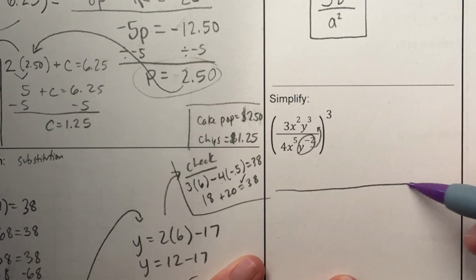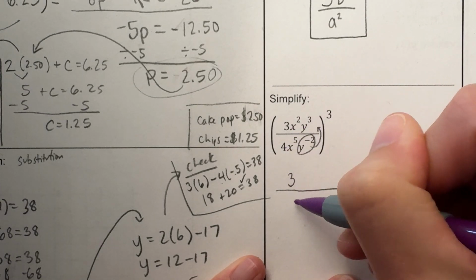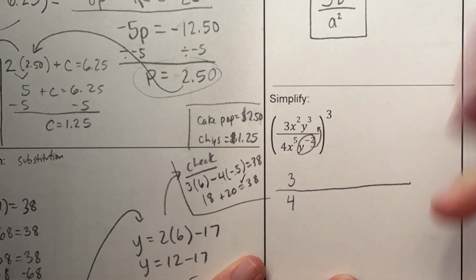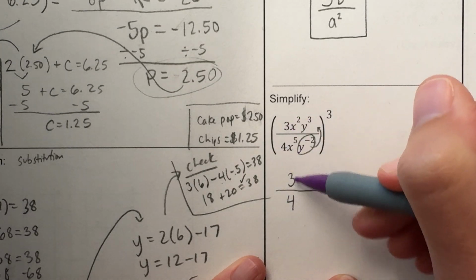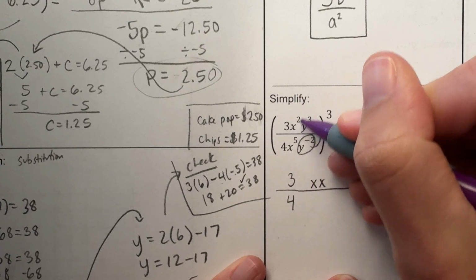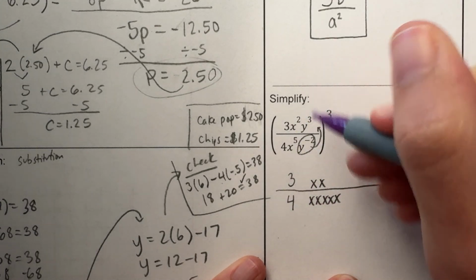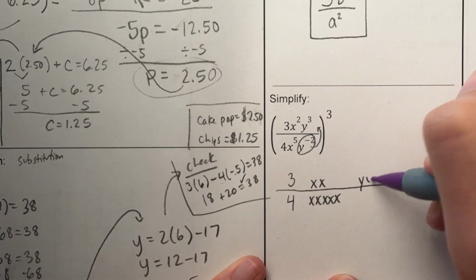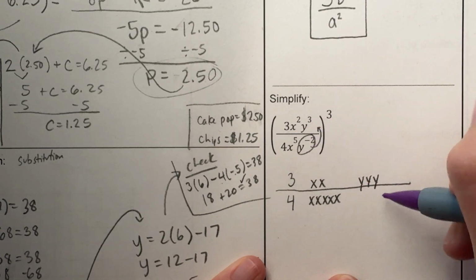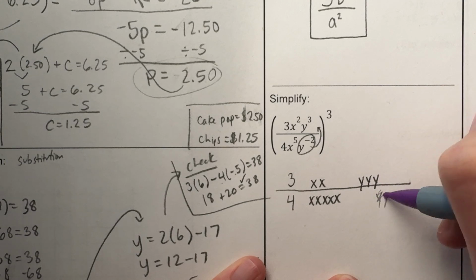So when I write this out, I still have 3 over 4. And 4 is 2 times 2. That's not going to cancel with anything, so I'm just going to leave it written as 4. This is actually a fraction that doesn't simplify. Now for the x's, I have x times x on the top, and on the bottom I have 5 x's. Now I have these 3 y's, and these 2 y's that were on the bottom, remember, they didn't want to be on the bottom.